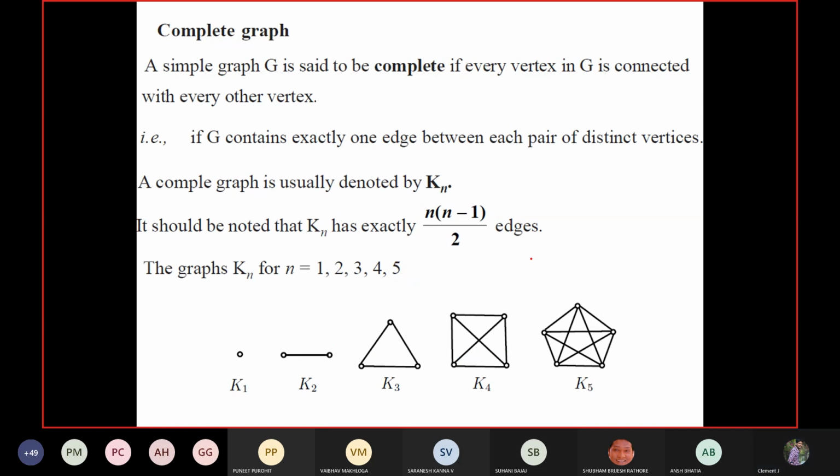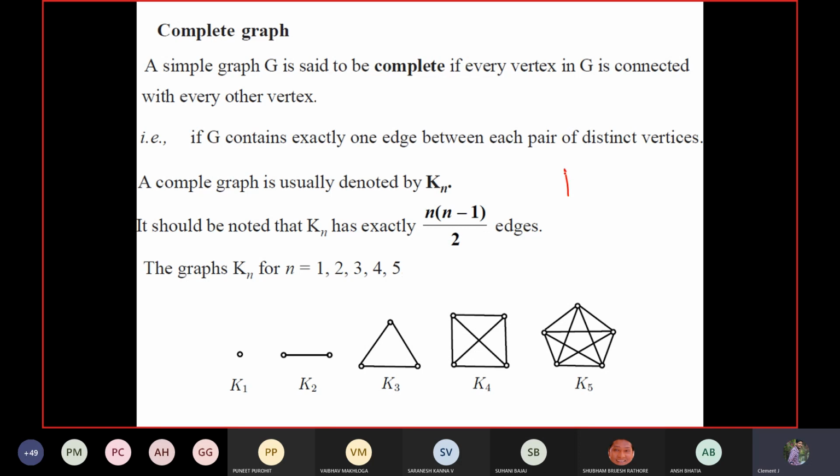Next. There is a difference, a completely opposite concept, between null graph and complete graph. Listen carefully. Here, complete graph is nothing but a graph in which every vertex of the graph is connected with every remaining other vertex.